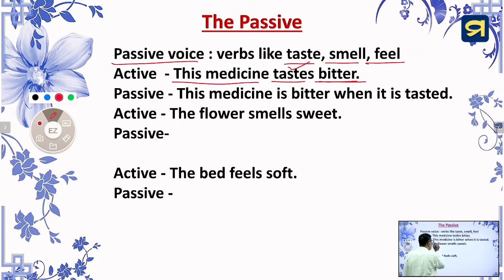That means we will change the subject, followed by either is or am or are, then the complement, then when, then it, followed by what? Is, am, are, then the third form of the verb. That means the medicine is bitter when it is tasted. In a similar way we will change it.